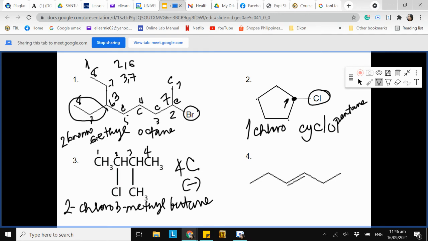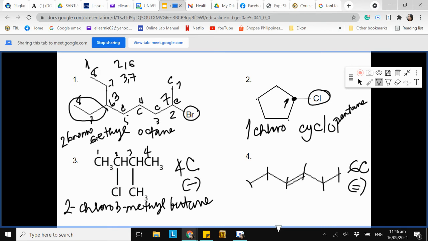And then for number 4, bilang tayo, 1, 2, 3, 4, 5, 6. So, hex. 'Di ba? Hex ang 6. May single bond, may double bond, triple bond, meron double bond. So, lagay natin double bond, 6 carbon.